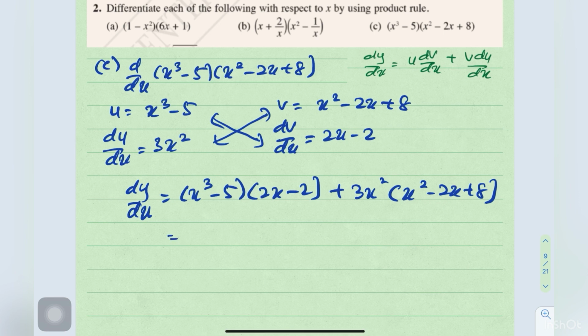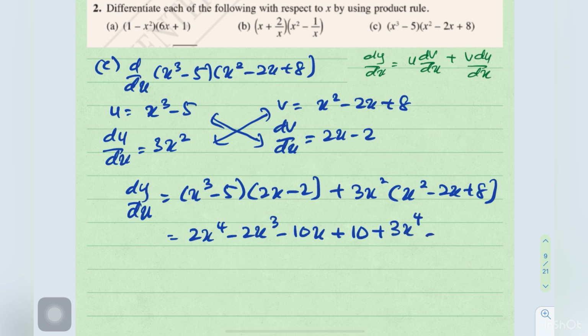Okay, expand. Here we have 2x to the power of 4 minus 2x cubed minus 10x plus 10, plus 3x to the power of 4 minus 6x cubed plus 24x squared. Okay, so we simplify.